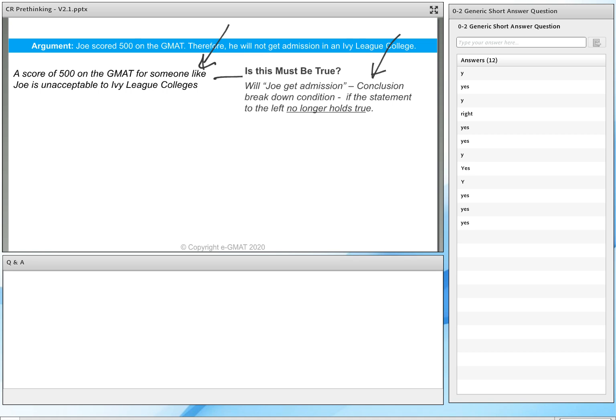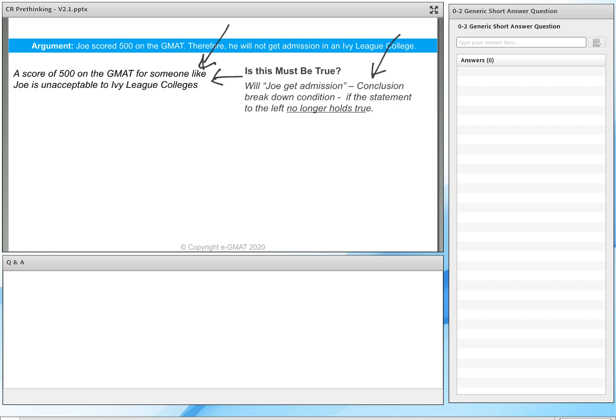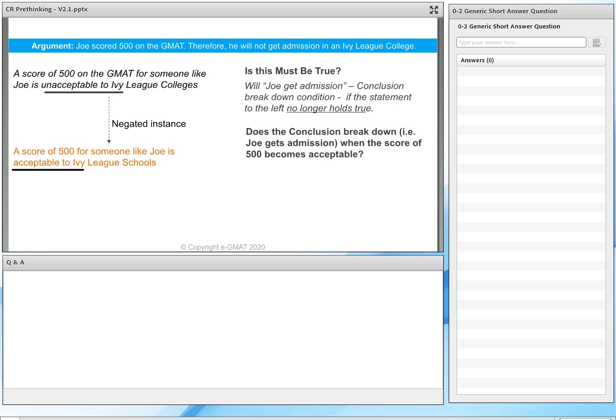Which means if this statement is not true, will Joe get admission to Ivy League colleges? Now, this is important, so I'm going to slow down a bit. When you say a statement is not necessarily true, by definition, and let me repeat again, by definition, what you are also saying is that its negated version automatically becomes true, which means the score of 500 for someone like Joe is acceptable to Ivy League colleges.